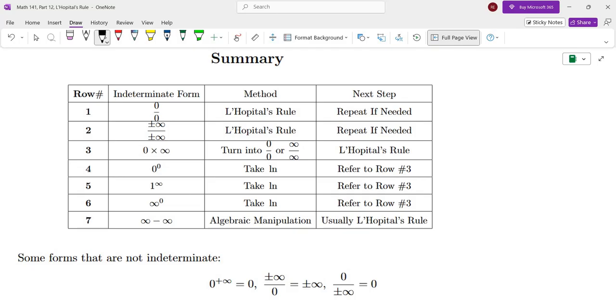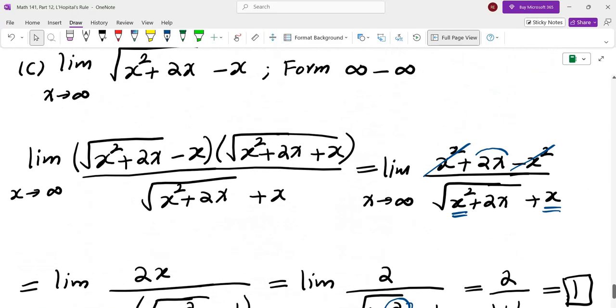And if we have infinity to the 0, we again apply natural log, and then we refer to row number 3 because it turns into a product. If we have infinity minus infinity, then we'll have to do algebraic manipulations and then decide what to do. But most of the times in this class, at least, you'll end up with L'Hopital's rule, but not always.